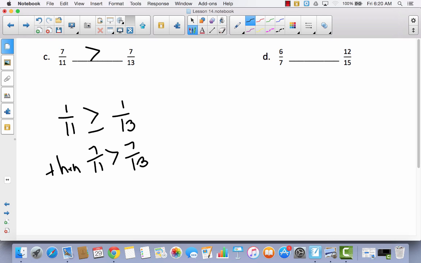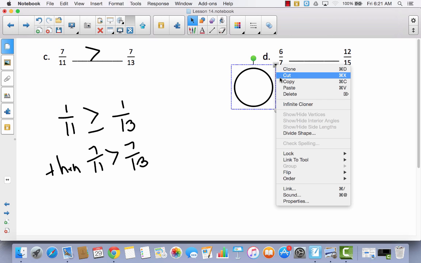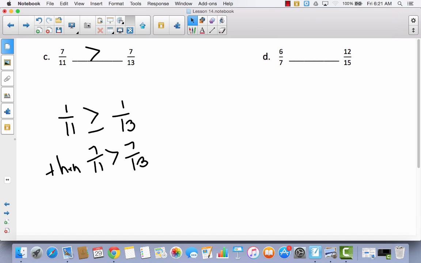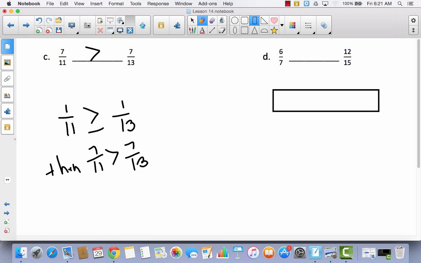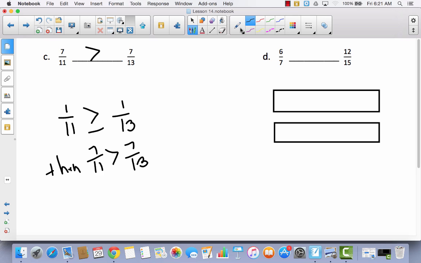Now, when you look at D, you will notice that the numerators are not the same and the denominators are not the same. So we will have to draw a model for this one, okay? All right, I'm going to start by drawing a tape diagram. Remember, these have to be the same size. Okay, so for the first one, I'm going to divide this into 7 parts.